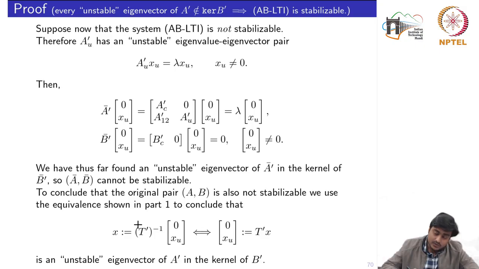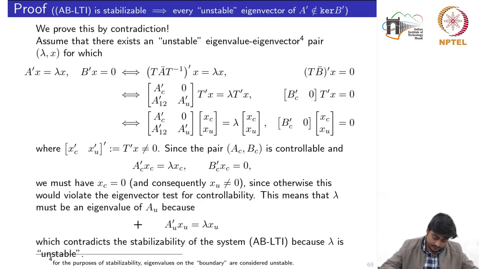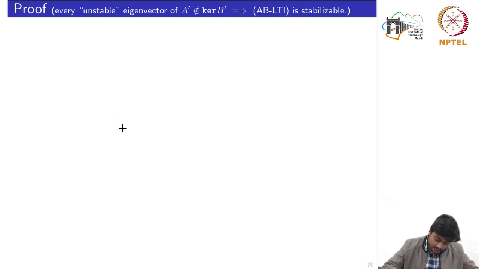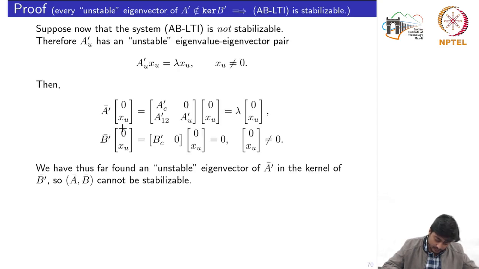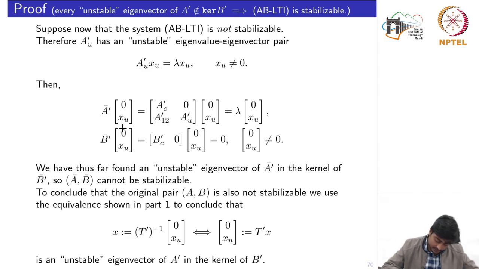So that equivalence is basically this equivalence. And in fact it is straightforward also by taking the definition of algebraically equivalent, that proving that A bar B bar cannot be stabilizable implies that the original pair AB also cannot be stabilizable. Okay.